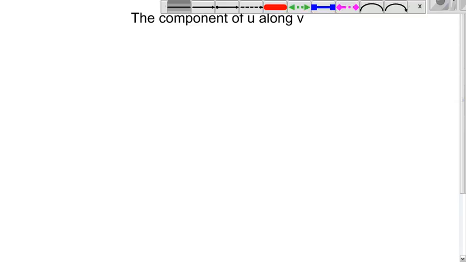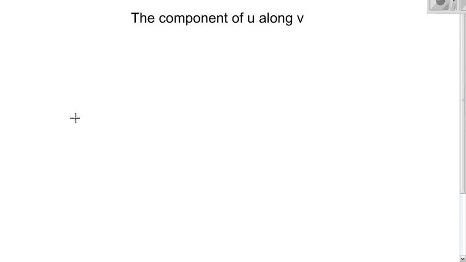So another thing we can talk about with vectors is the component of one vector along another. So if you have two vectors like this, we have vector u and v.